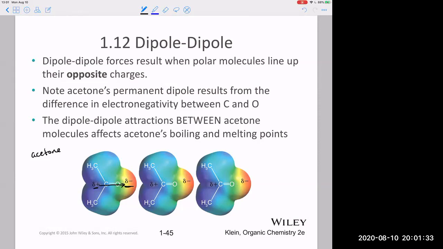It will interact with its neighbors through this dipole moment, where the negative end of one dipole wants to interact with the positive end of the other dipole. Unlike charges interact. So acetone will have these strong intermolecular interactions when the oxygen of one gets close to that middle carbon of a neighboring molecule.